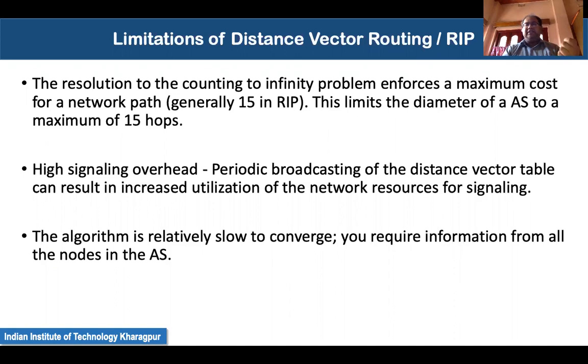RIP is an example of distance vector routing, whereas OSPF, or open shortest path first, is an example of link state routing. In the last class, we looked into the distance vector routing protocol in detail. If you are interested in the messaging format and the messaging protocols in a typical distance vector routing setup, you should look into RIP in detail.